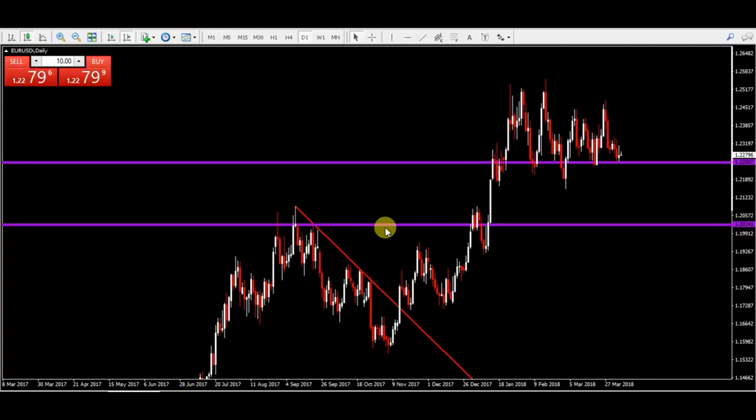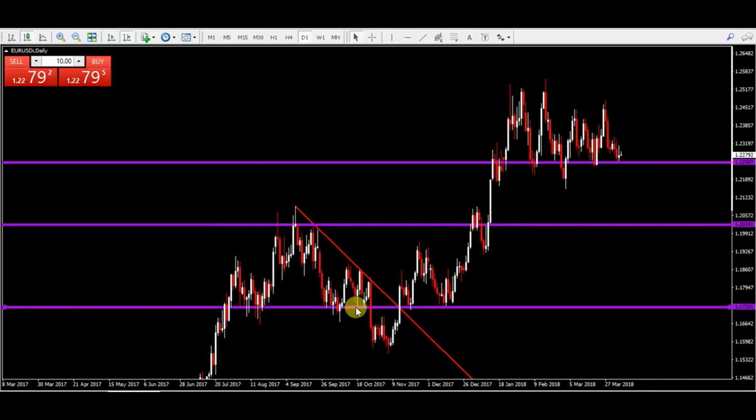So rule number one: waiting for price to reach a strong support resistance area based on the daily and weekly charts. As you see on the daily chart, we have this support resistance area, and this one, and another support resistance area can be drawn right around here.